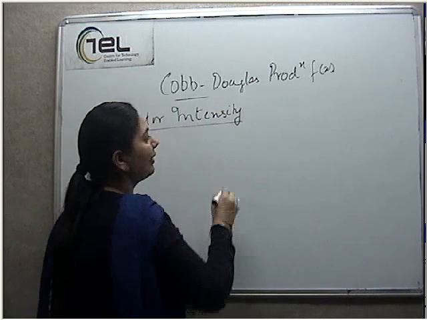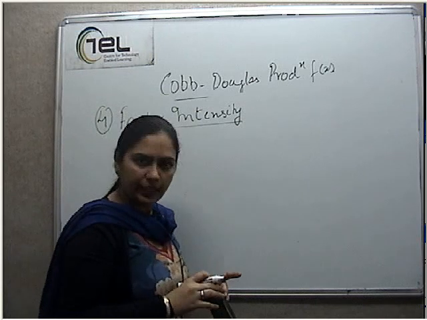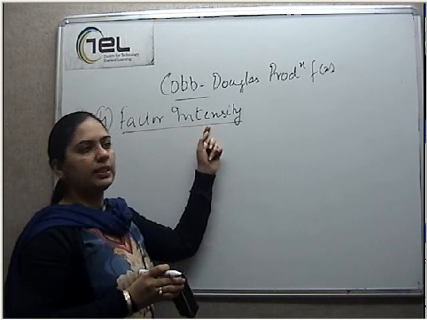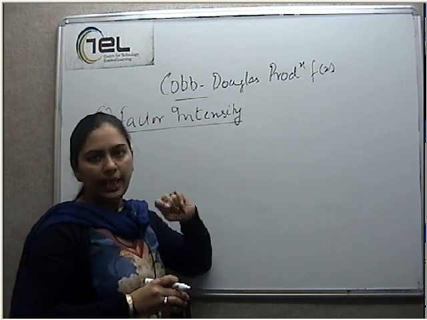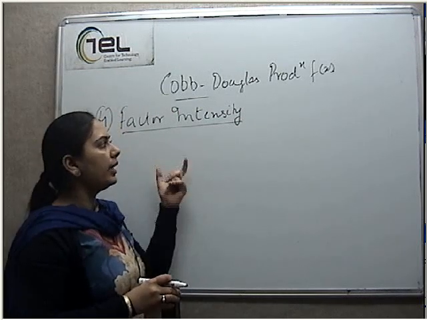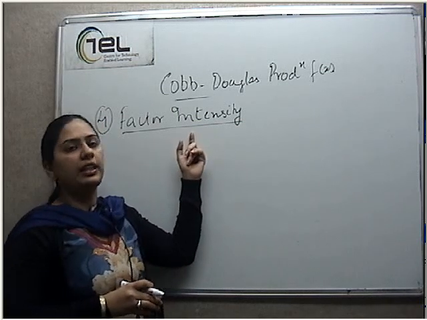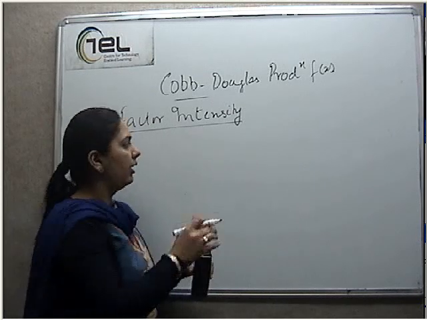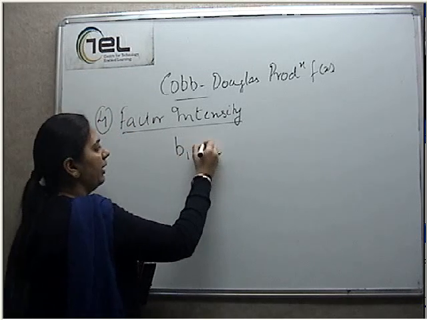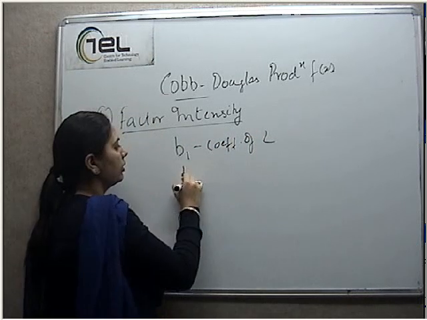When I say factor intensity, since you are aware of the fact that we basically take two factors, labor and capital, what we want to know is whether the production taking place is labor intensive or capital intensive. So how do we come to know this? For that we take help of the coefficient of labor and the coefficient of capital. So B1, as you are aware, is the coefficient of labor and B2 is the coefficient of capital.